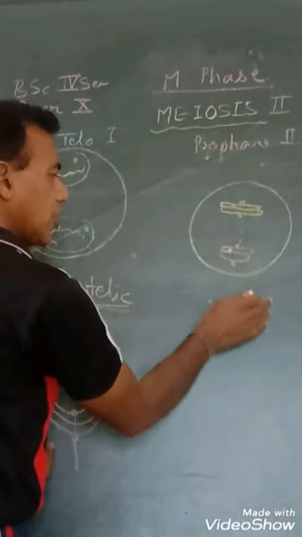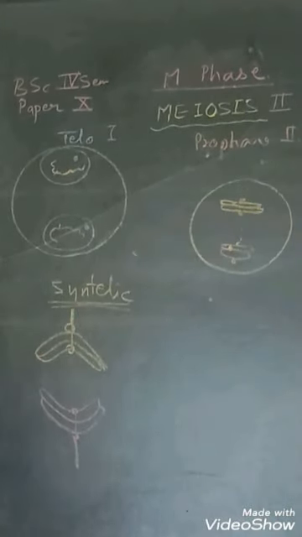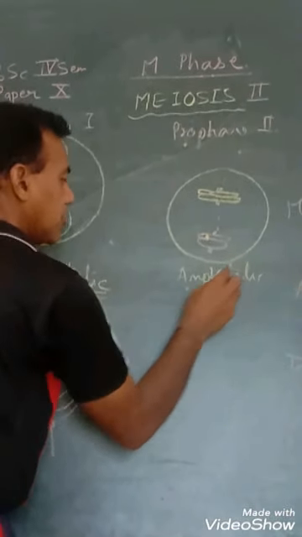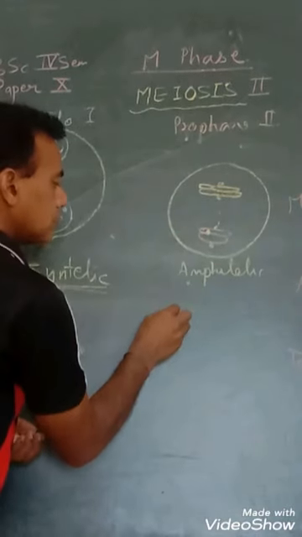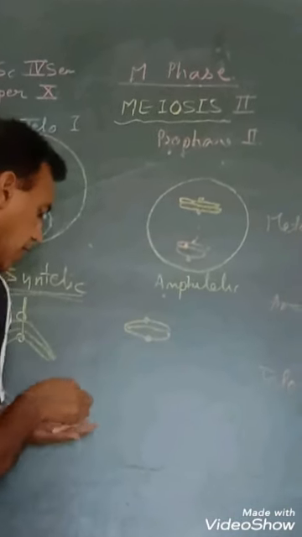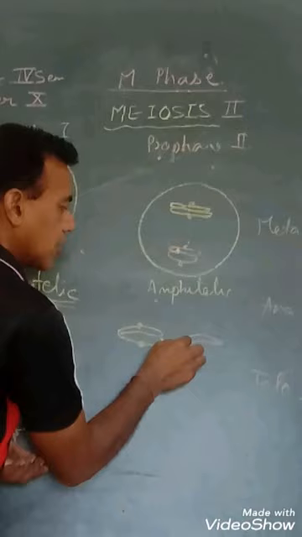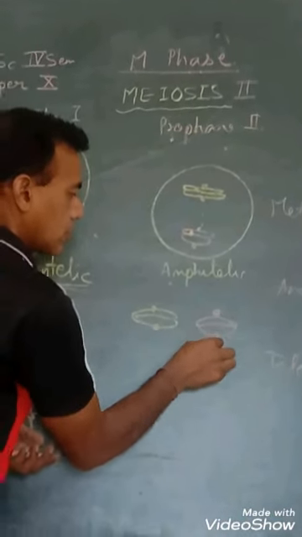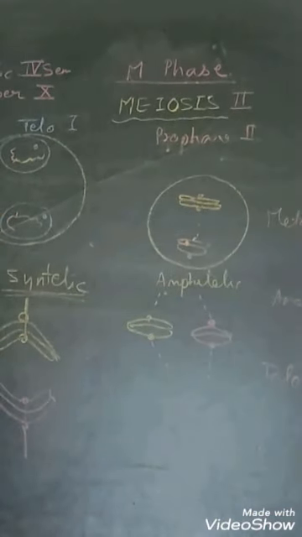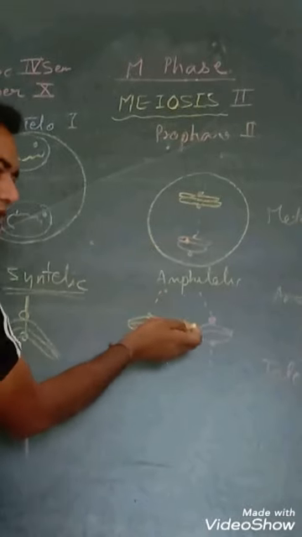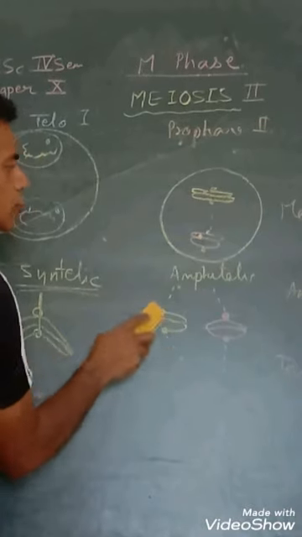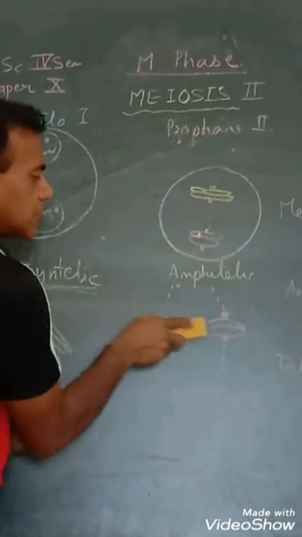But in this case, in anaphase 2, the amphitelic condition takes place. Amphitelic condition means one kinetochore towards one pole and another kinetochore towards another pole. Just as we read in mitosis, here the separation takes place.